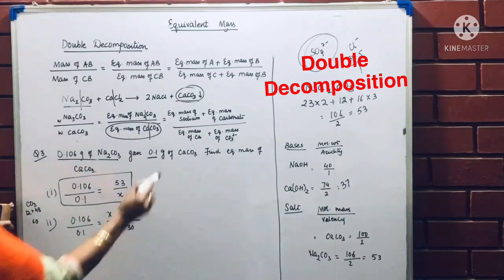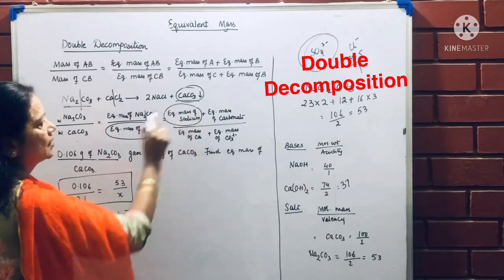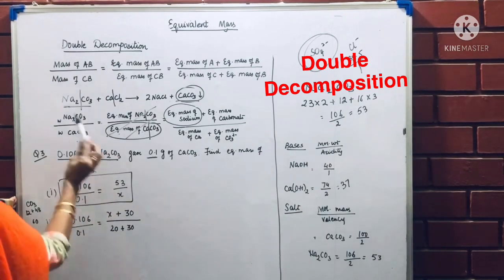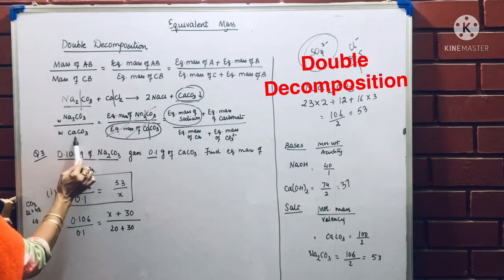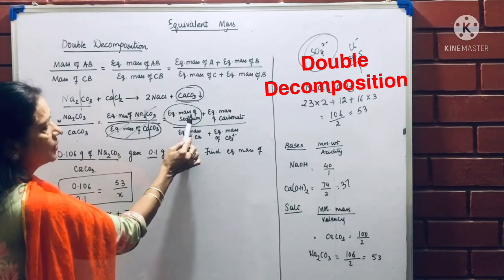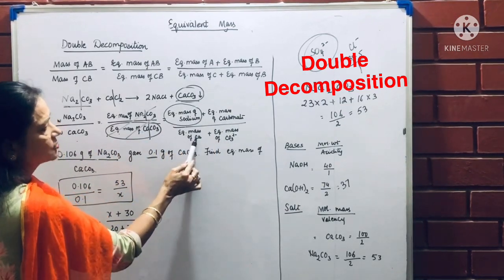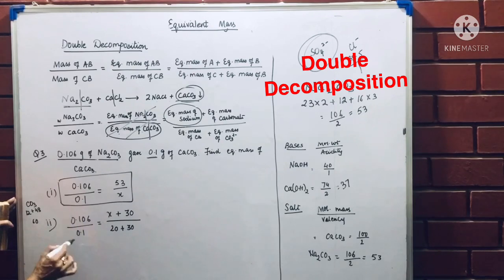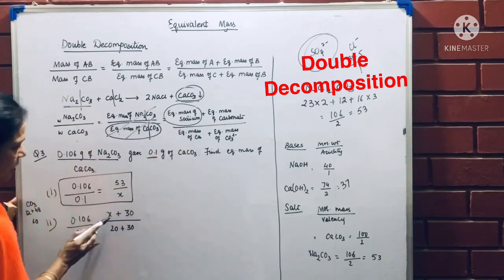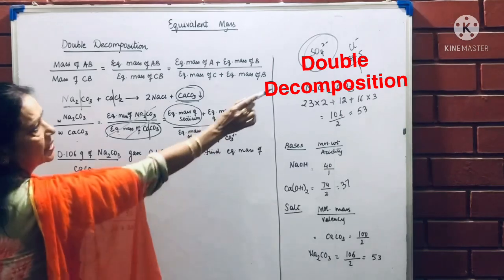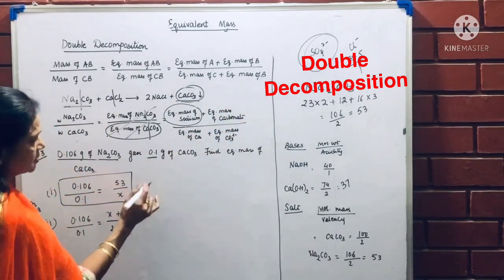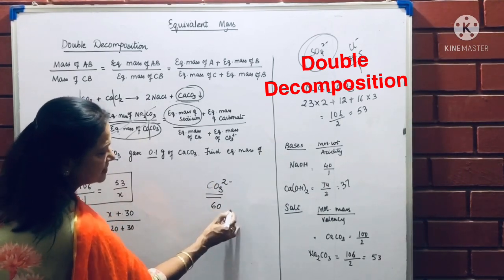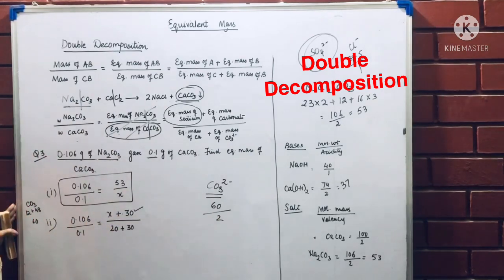Supposing it had asked you the equivalent mass of sodium, find the equivalent mass of sodium. I'll equate weight of sodium carbonate upon weight of calcium carbonate is equal to equivalent mass of sodium plus carbonate upon equivalent mass of calcium plus carbonate. These weights I know, 0.106 and 0.1, is equal to x plus carbonate. I just told you how to find it for carbonate: the weight of carbonate is 60 divided by 2, so I've written 30.